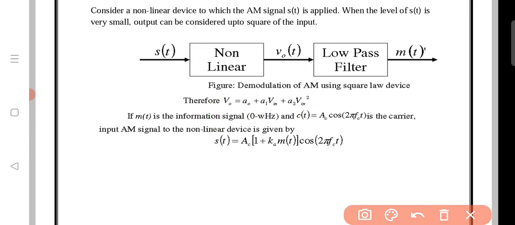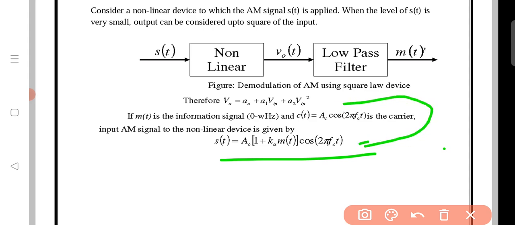Here, S of t equal to AC into 1 plus Ka m of t, times cos 2 pi fct, is the basic standard AM wave. Let us assume this AM modulated signal is present at the input side of the nonlinear device. Substitute it into the input output relation of the nonlinear device.